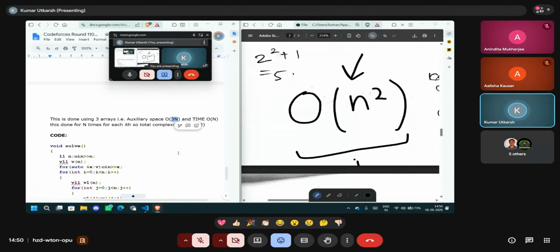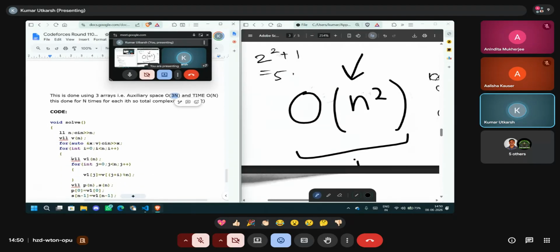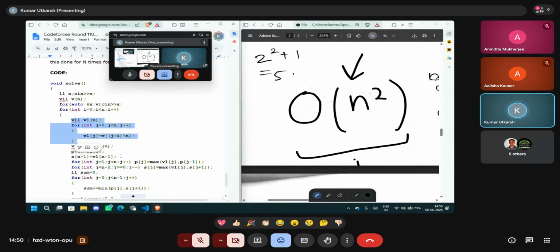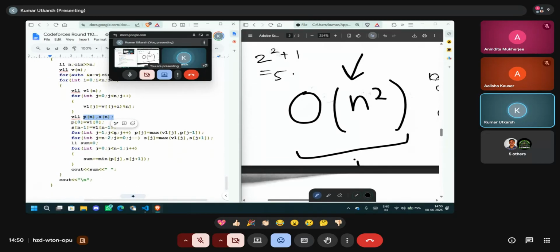First, we have a temporary cyclic shifted array on which we will perform our left max prefix and suffix operation. After that, we have made a maximum suffix array using these lines and a maximum prefix array using these lines, right?